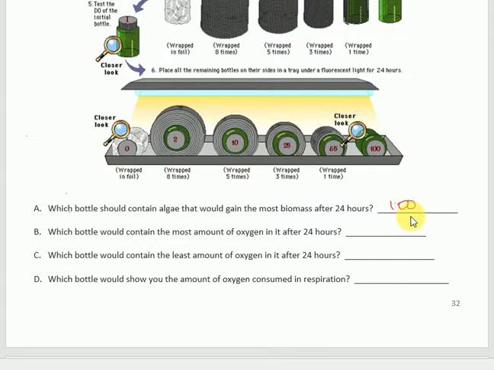Again, the one that's doing the most photosynthesis. So again, we're going to be at the one that's labeled 100. Which bottle would contain the least amount of oxygen in it after 24 hours? The one wrapped in foil, obviously, because it's not getting any light. Which bottle would show you the amount of oxygen consumed in respiration? That, again, would be the 0% of light, because that algae in there is going to be doing respiration since there is no sun.